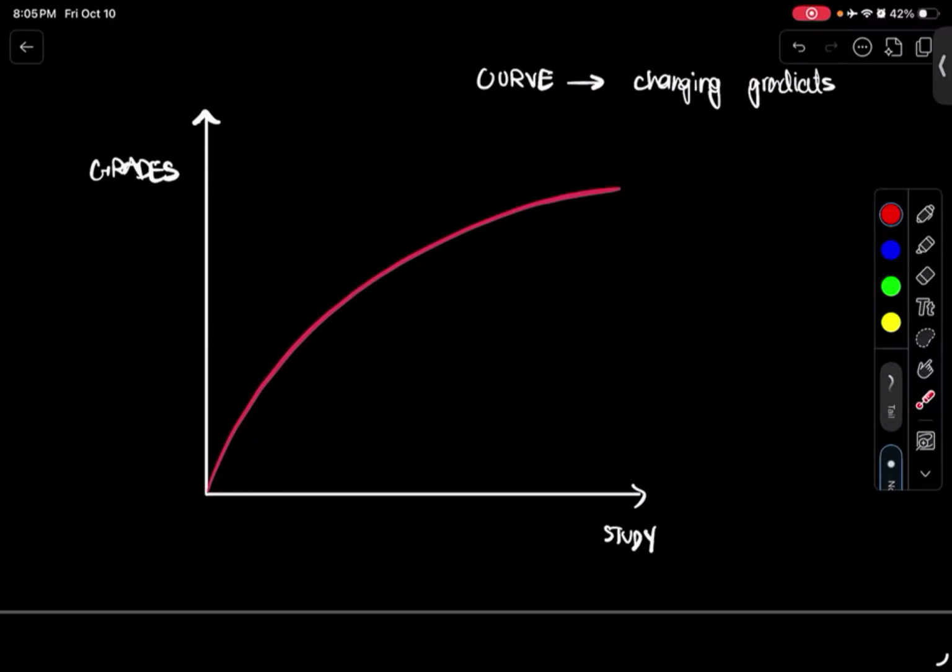Now, have a look at this. What does this graph really tell me? Initially, when you increase your study time, your grades increase by a lot, right? If you're studying nothing and you start studying 2 hours every day, don't you think there would be a huge difference?